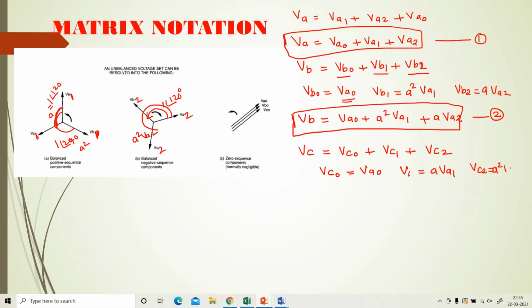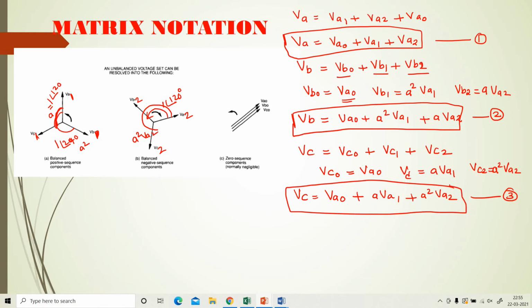So VC is the unbalanced voltage that consists of the components zero sequence component, positive sequence component and negative sequence component. This is the equation number 3.